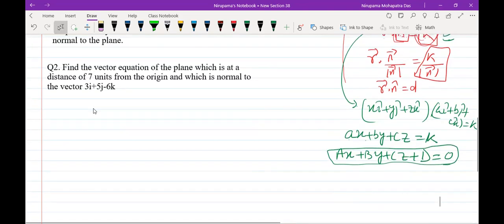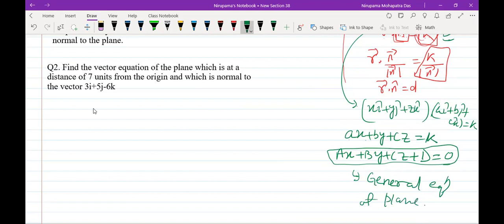Just like any linear equation in 2 variables represents a straight line in 2 dimensions, similarly in 3D any linear equation in 3 variables represents a plane. This is called the general equation of a plane.